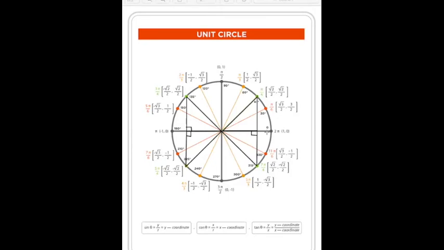Let's see. Something else that we need to be aware of. These ordered pairs, so we've got x comma y, they represent cosine, and I'm going to make this into a theta, comma sine. We'll even make it match.